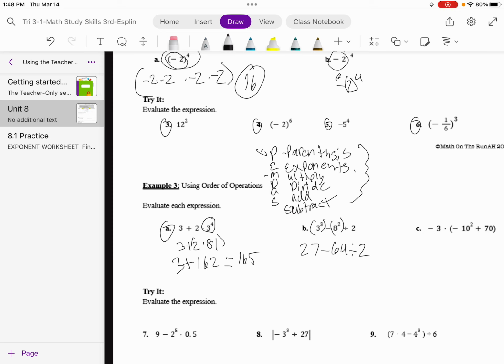Divide 2. So we did parentheses, we've done our exponents, now we multiply. There's no multiply, so we divide. So 64 divide 2.